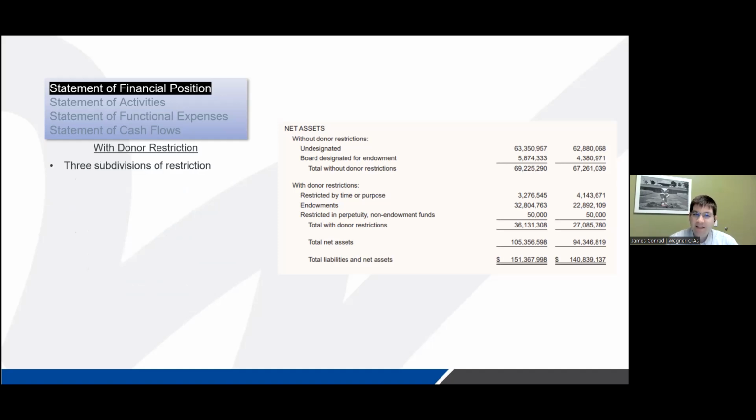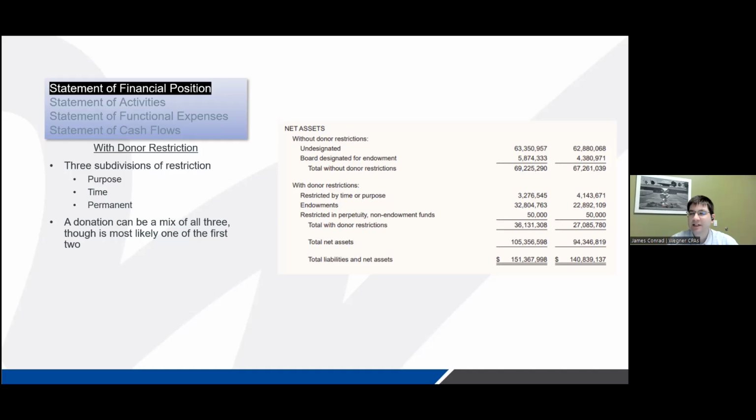So within the with donor restrictions, we have 3 subdivisions. We have with donor restriction for purpose, with donor restriction for time, or permanently. So a donation can be a mix of all three. If it's for purpose, that's like the church flower fund.